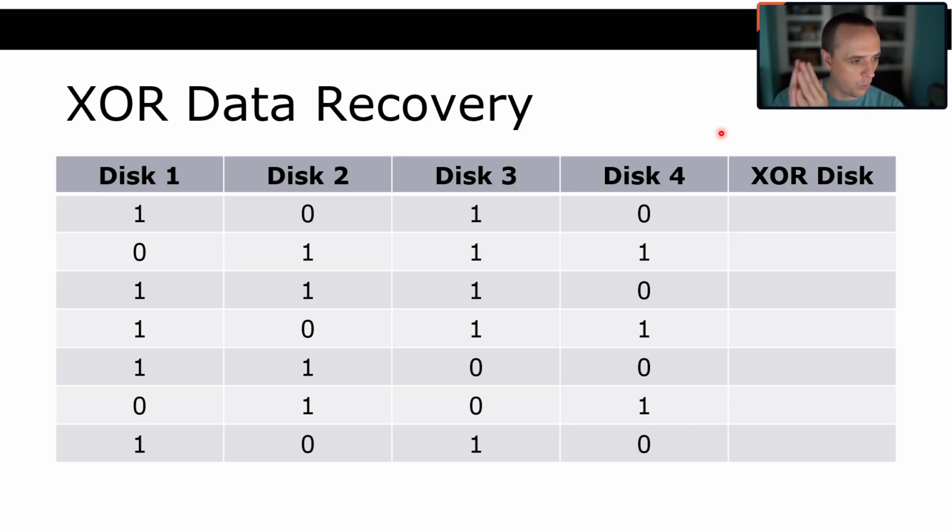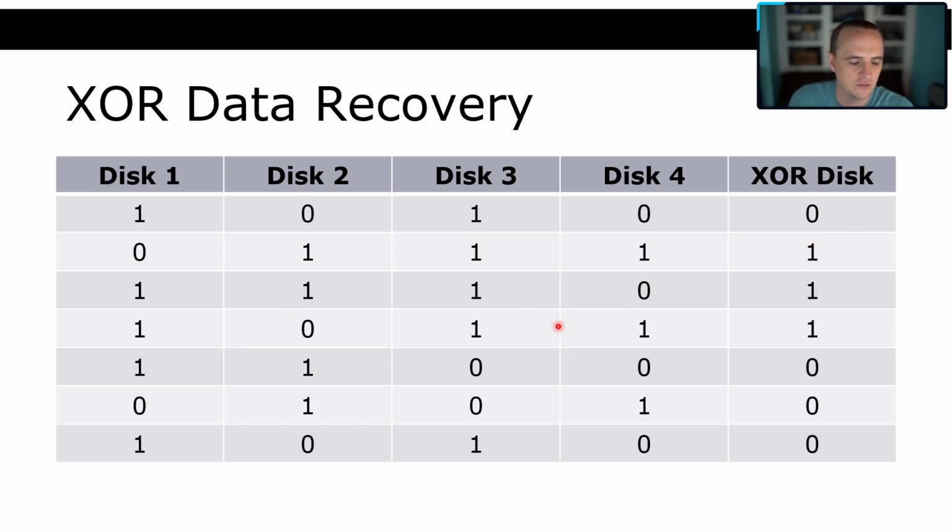So you introduce one more disk, and this XOR disk is also called a parity disk, because XOR is essentially counting an odd or even number of ones, and that's parity. So 1 XOR 0 XOR 1 XOR 0 is just a 0. 0 XOR 1 XOR 1 XOR 1 is a 1.